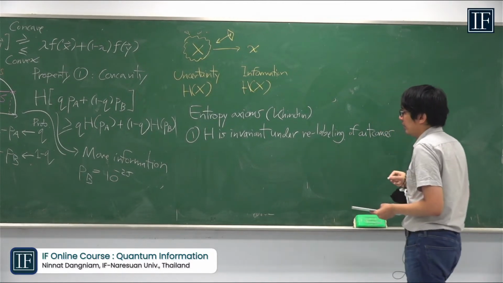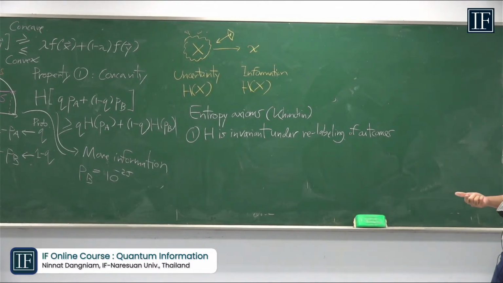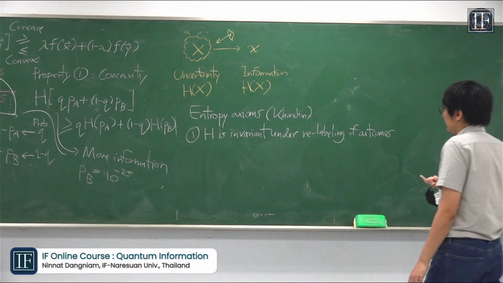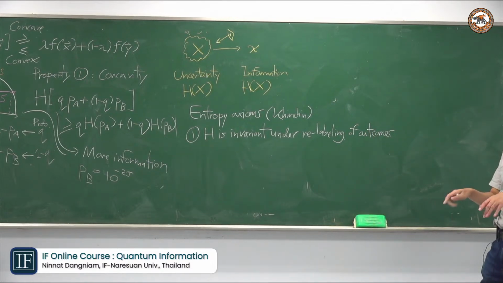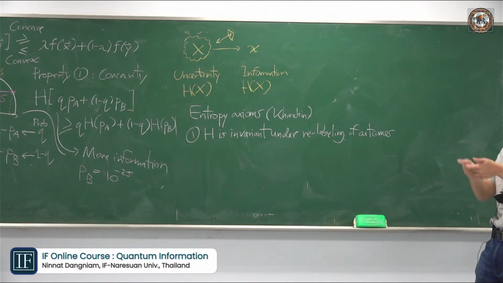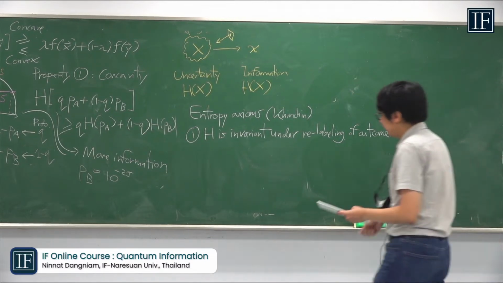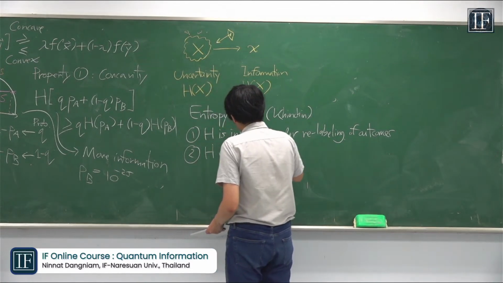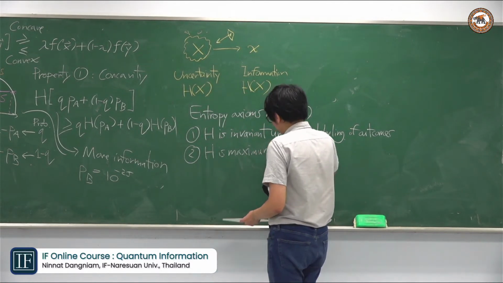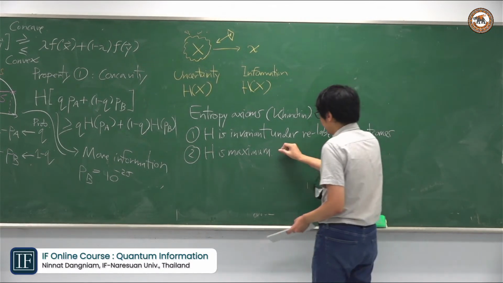The first is the function is invariant under permutation of the label x. In other words, the only thing that matters is the distribution itself. It doesn't matter if p(x) is really attached to the symbol x or other symbols. And two, H is maximum when all outcomes are equally likely.